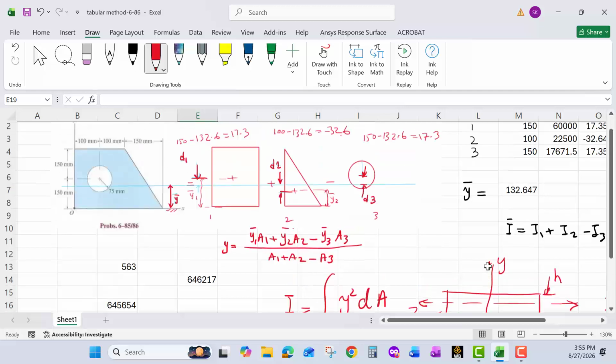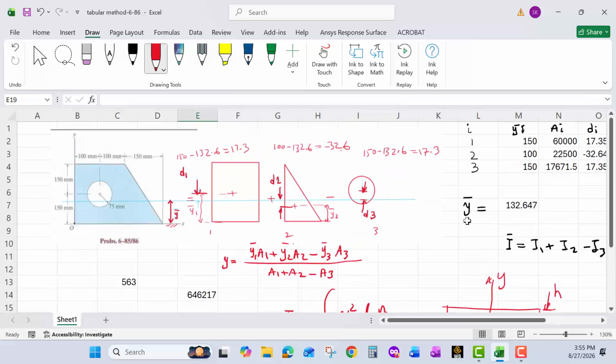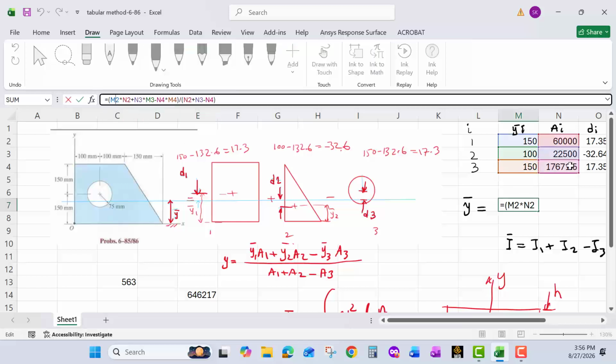Let me show you how to calculate y-bar. I'm using an annotator, so you can annotate on the same workbook and do the calculation at the same time. This cell is where I put the formula. I have already pre-filled the y-bar of each individual segment, 1, 2, 3, and their areas.